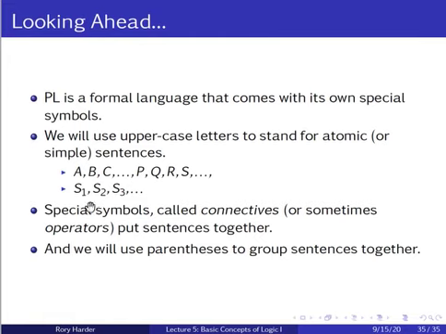And we'll also see that we can provide subscripts to these letters to give us even more. So we can also use symbols S1, S2, S3 to stand for particular atomic sentences. And in addition to letters that stand for particular atomic sentences, we will have special symbols that are called connectives, or they're also called operators. And we'll be using these special symbols, these connectives, to put these atomic sentences together into conditionals or conjunctions or disjunctions or negation.